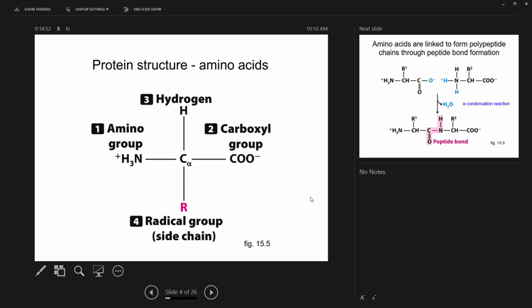I'm not going to ask you to memorize any of the amino acid side groups here. That's for other classes, and actually I think you can look them up probably as easy as anything else. Concepts, how it's put together, that's what I want you to take out of here.